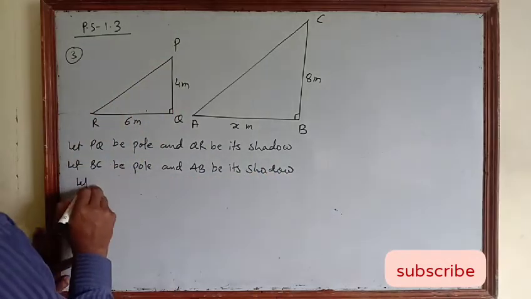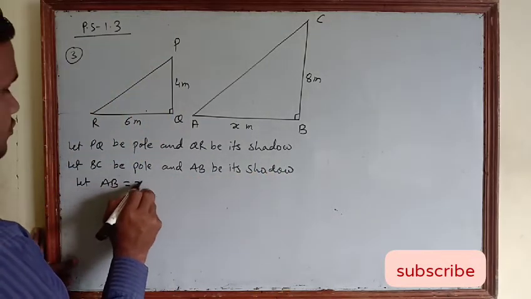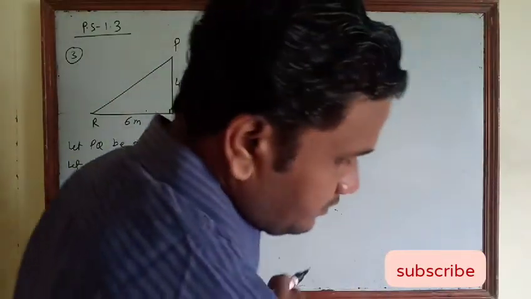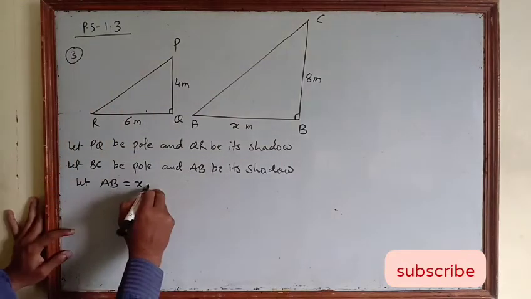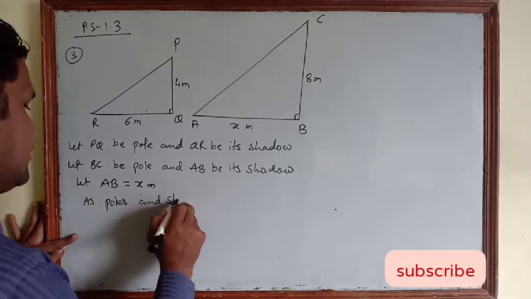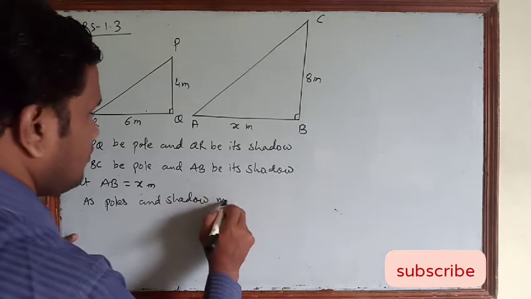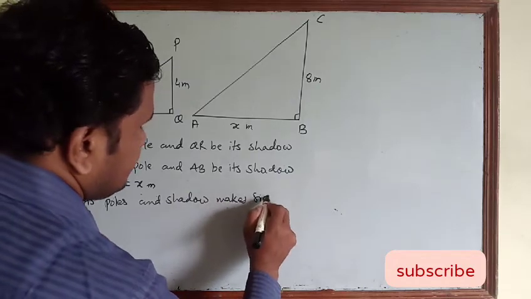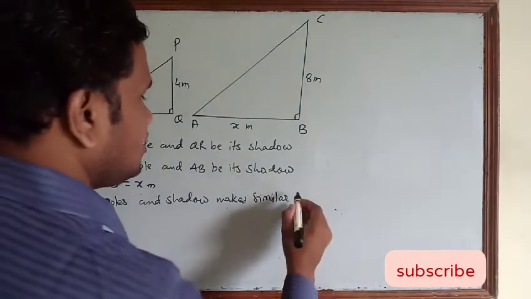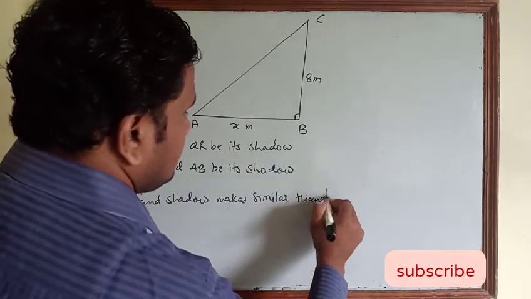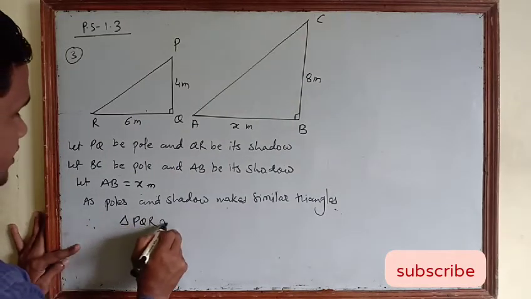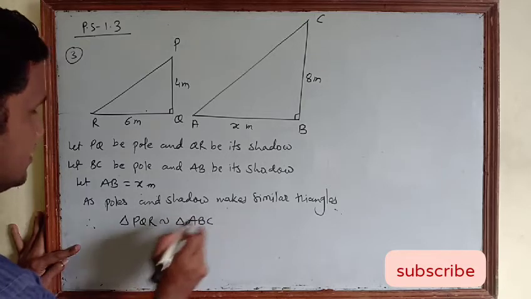Let AB be equal to X meter. Now as poles and shadows make similar triangles. Yes, these are similar triangles, and all right angle triangles are similar to each other. That's why PQR is similar to ABC.